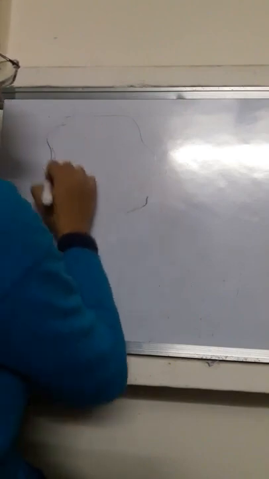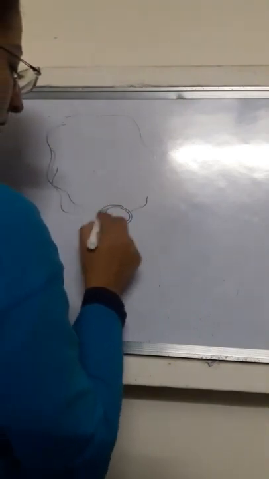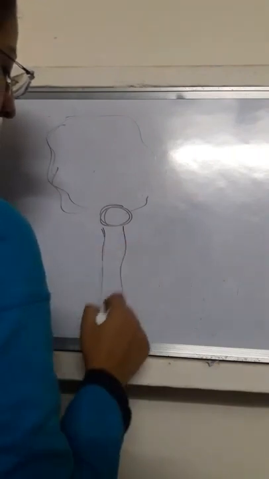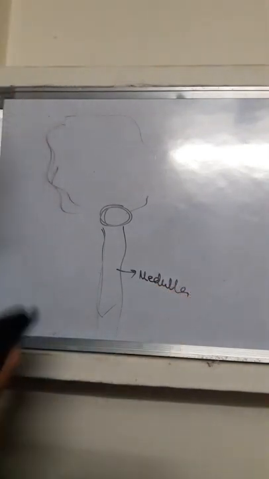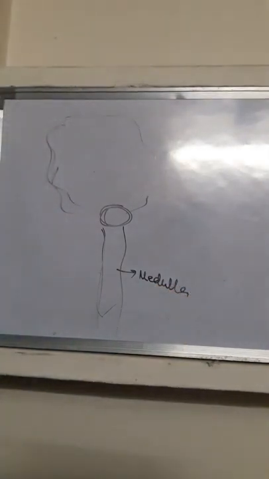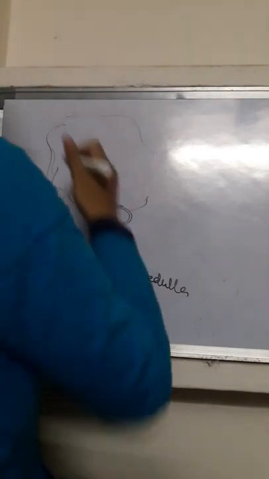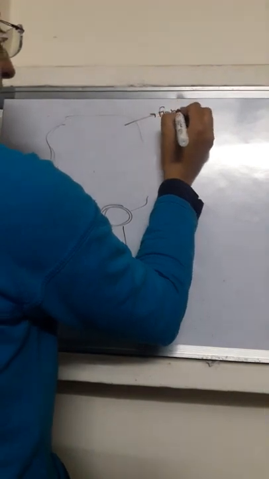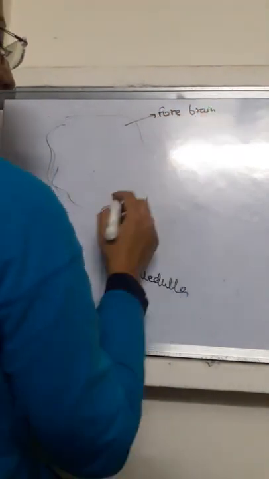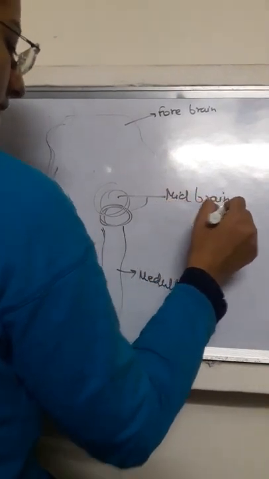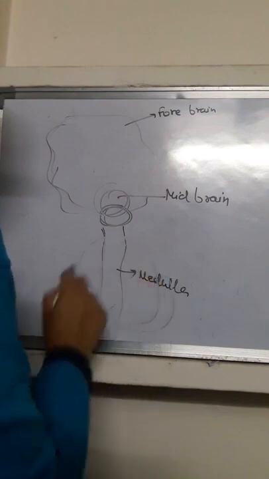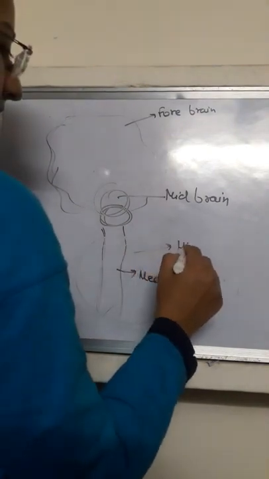This is the brain. This is the medulla, the forebrain, the midbrain, and the lower portion is called the hind brain.